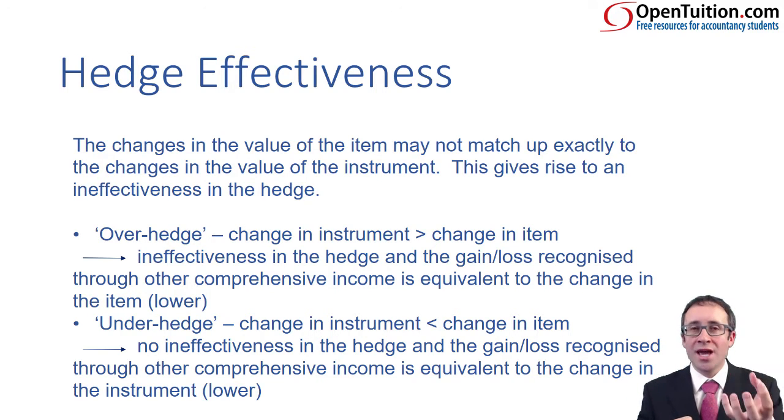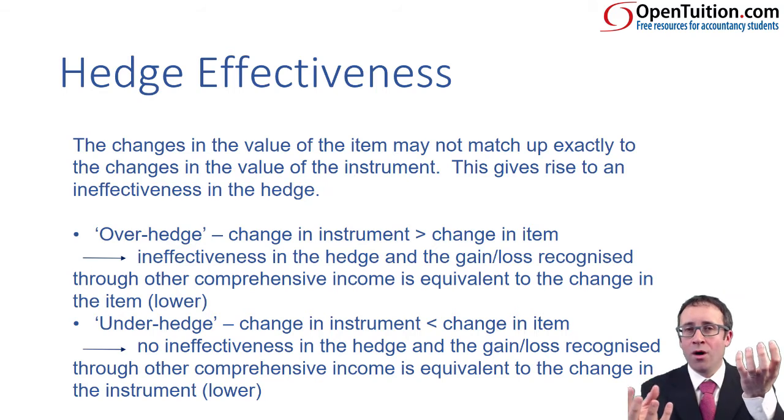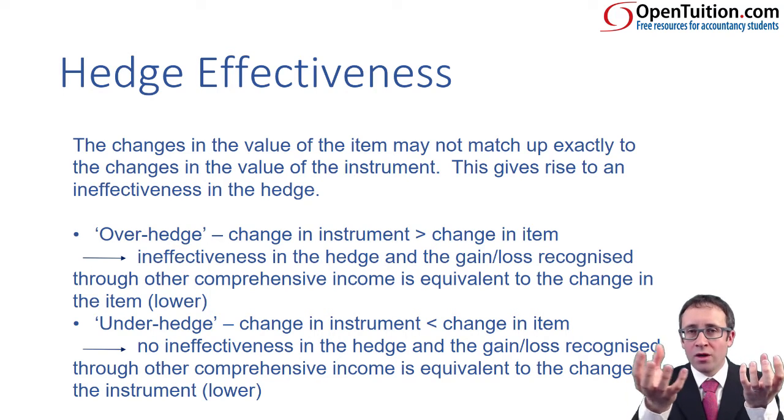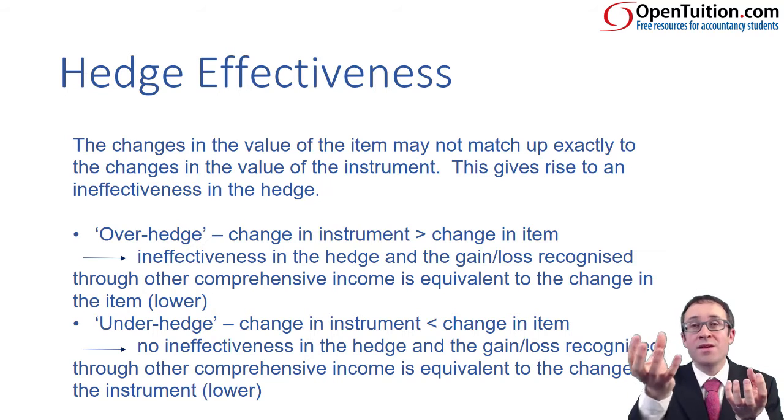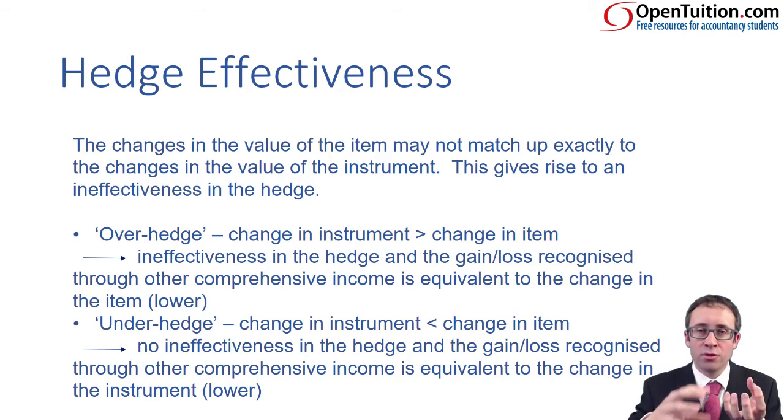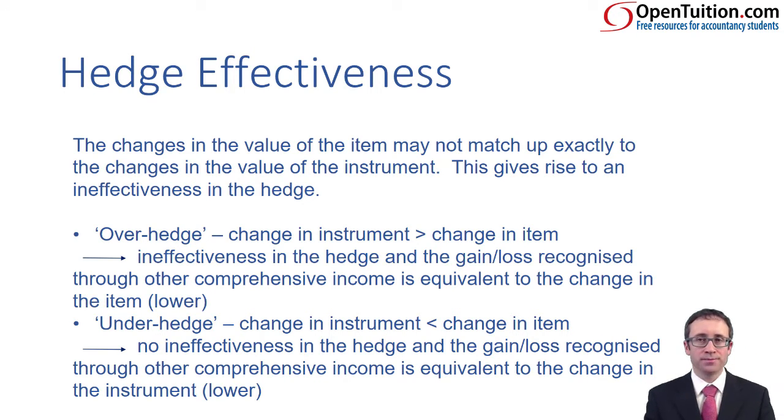As the change in the instrument is higher than what happened on the item, we look at the lower gain or loss on the item, and that will be the effective element that goes through OCI. The difference is the ineffective element, which then goes through to profit or loss.